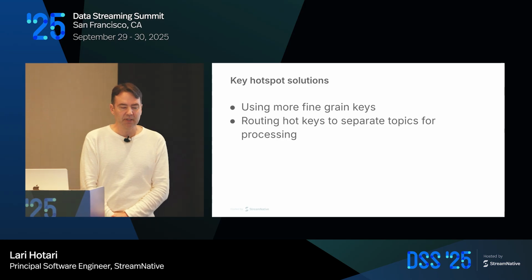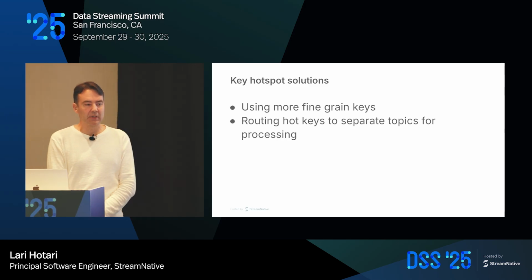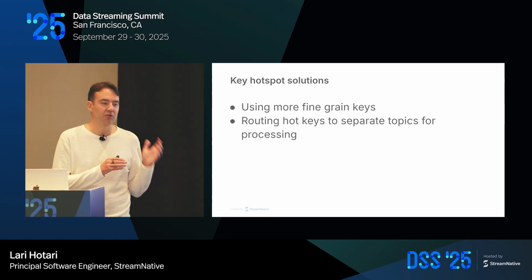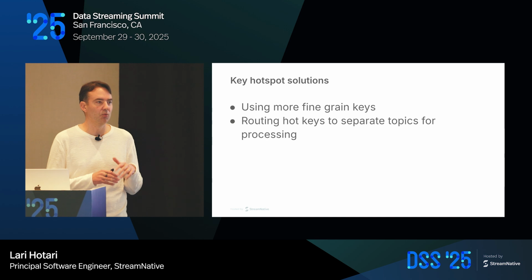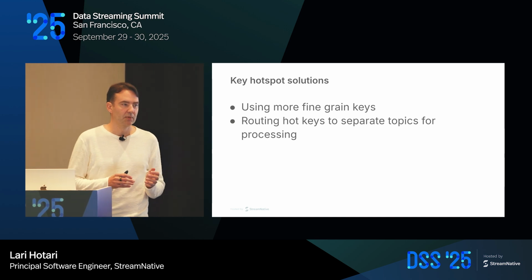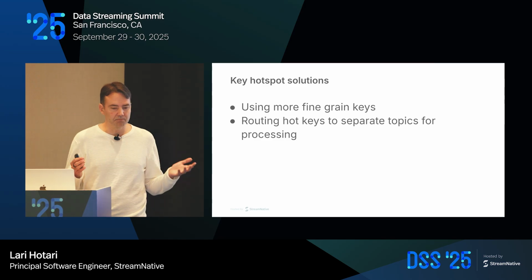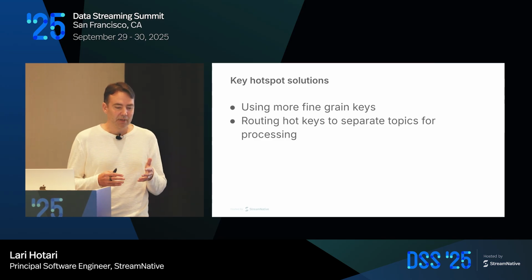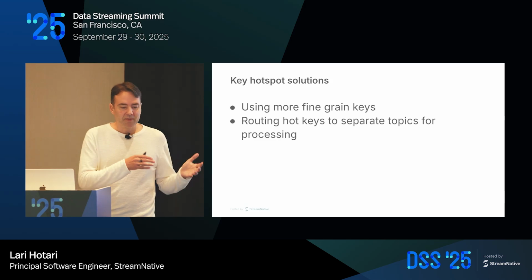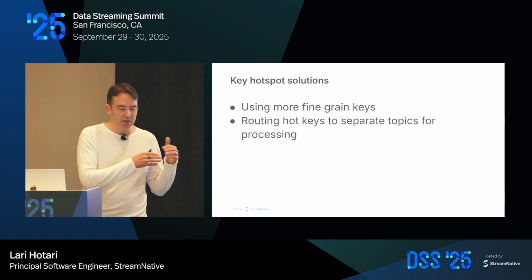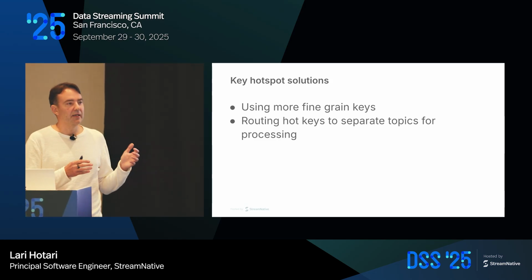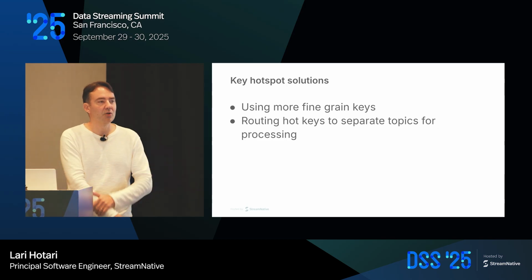And for this key hotspot challenge, a simple solution is to use more fine-grained keys, when that is available. Let's say in the IoT domain, if the messages are using a location as a key, well, there could be a problem.